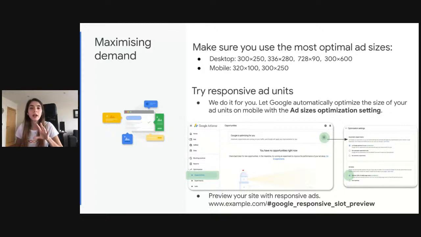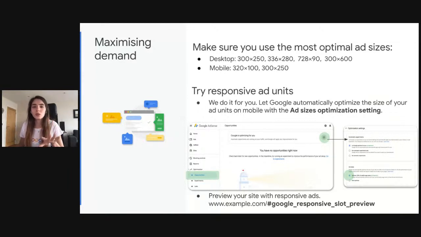You can go to your AdSense user interface, click on the Optimization tab in the left navigation panel, and then you will see Opportunities. When you click on the Opportunities tab, there is a small icon. It can either be a card that says try responsive ad units, or a small gear icon. You click and you can select let Google optimize 100% of my mobile units and click save.